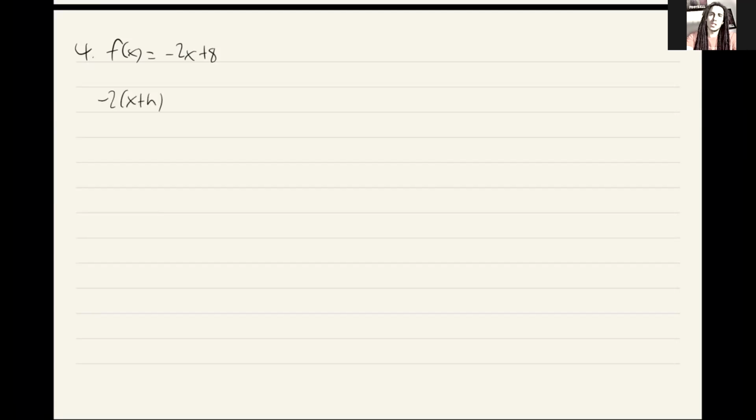Substitute x with x plus h and subtract negative 2x plus 8, and put all of this over h. So negative 2 times x is negative 2x. Negative 2 times h is negative 2h, plus 8, minus 2x. And then minus a positive 8, turn that positive into a negative, put it all over h.